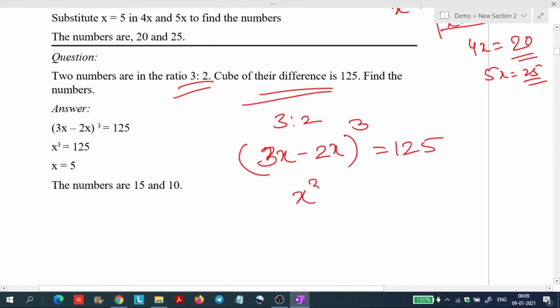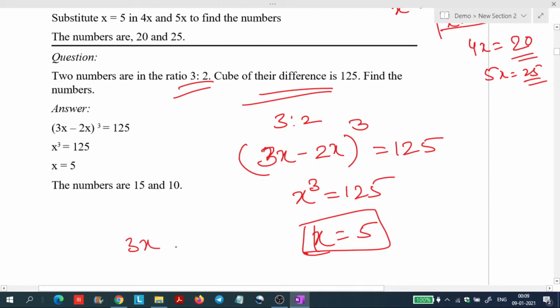So now it is x cubed equals 125, so x is 5. Okay, so 3x is 15 and 2x is 10.